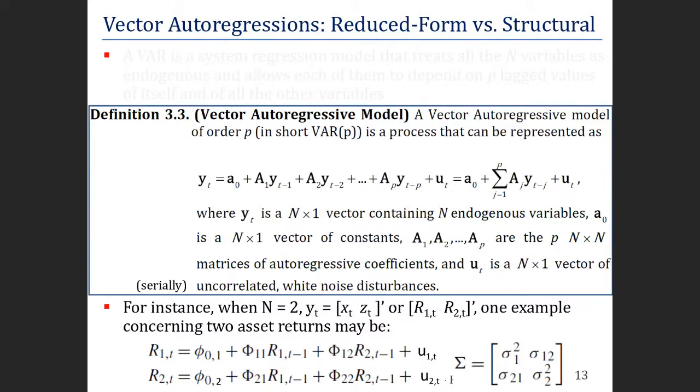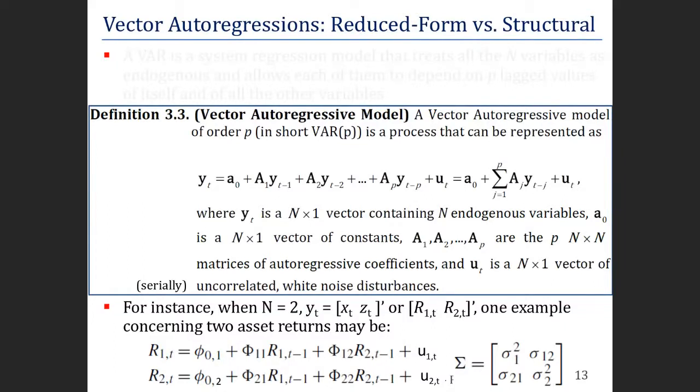Now, this is supposed to sound familiar in the sense that the coefficients are called phi, as before. But as you can see, the phi coefficients now get 2 subscripts. The first subscript indicates which row we are talking about, so which variable we are modeling. And the second subscript refers to which variable is explaining the variable on the left-hand side.